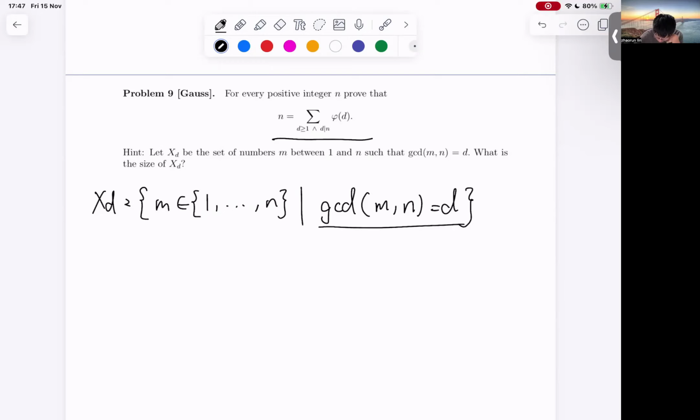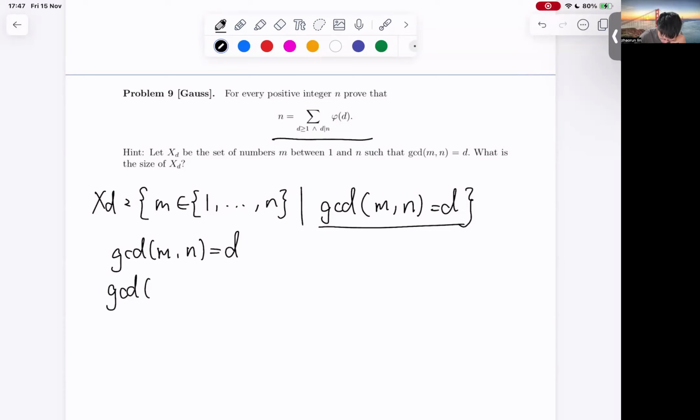And if we look at this relation, we are asking for the greatest common divisor to be d. But intuitively, we will want to have a coprime number. So we want the greatest common divisor to be 1, so that we can count using the Euler totient function, right?